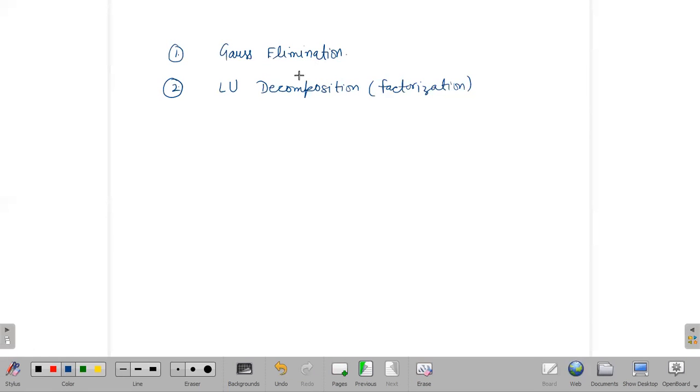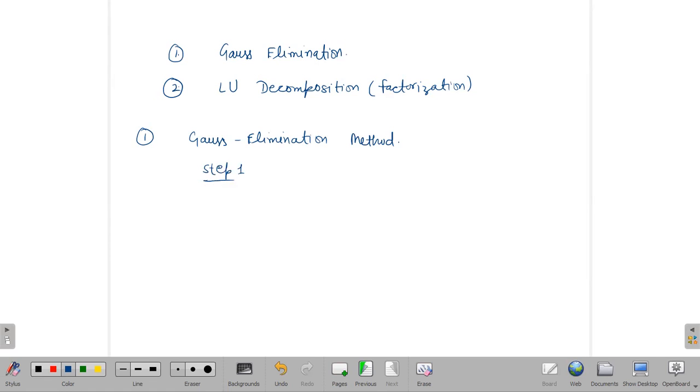So first we will do this Gauss elimination. First I will tell you the procedure of Gauss elimination method. What are the steps here?